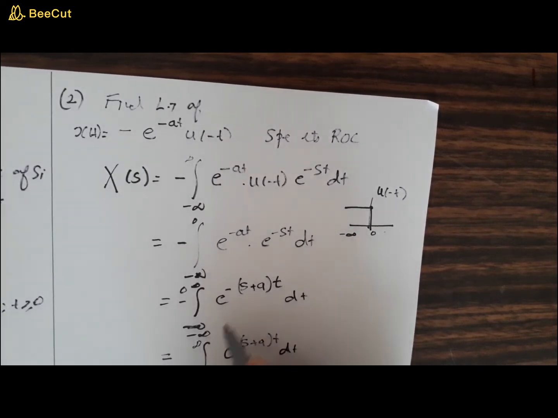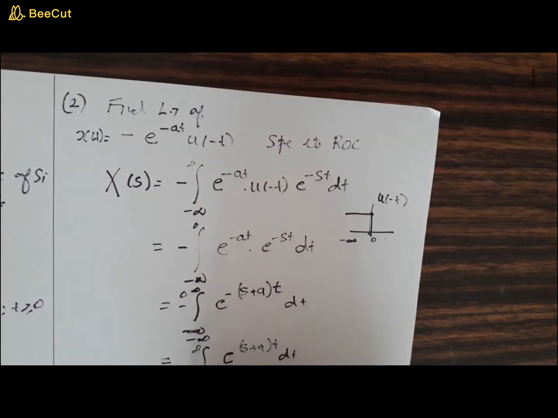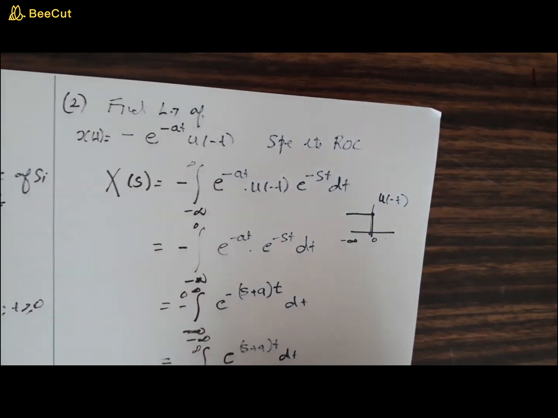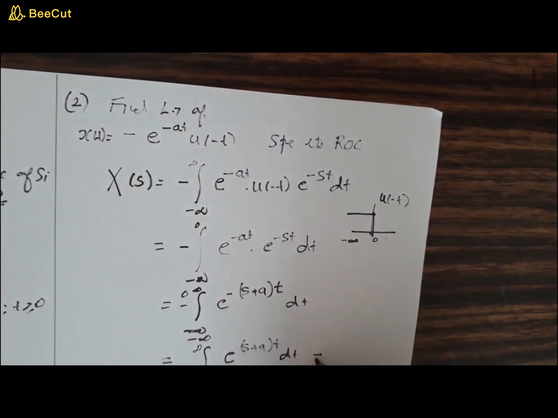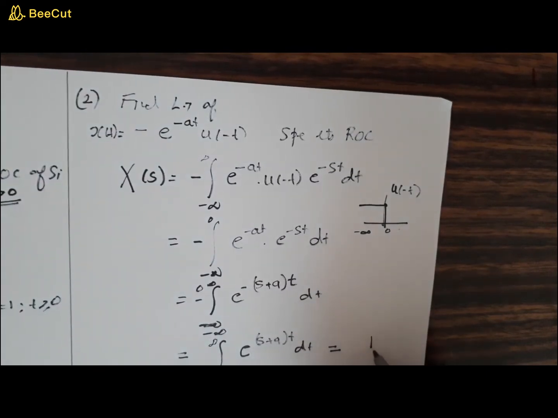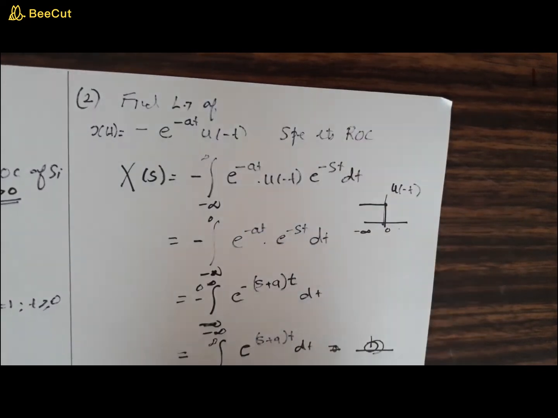Okay, hope you understood this step. That is, this is already a minus and the limit is from minus infinity to 0. We want to interchange that, we want to make it 0 to infinity, so that this minus gets plus, this minus also gets plus. So the final result is equal to 1 by s plus a. You can just do the integration part.